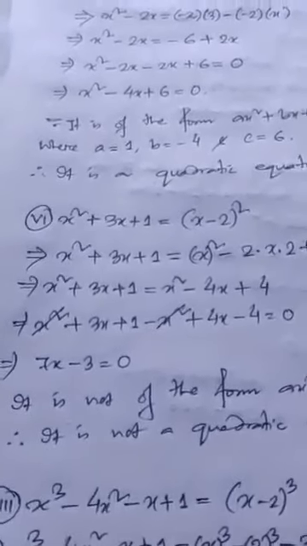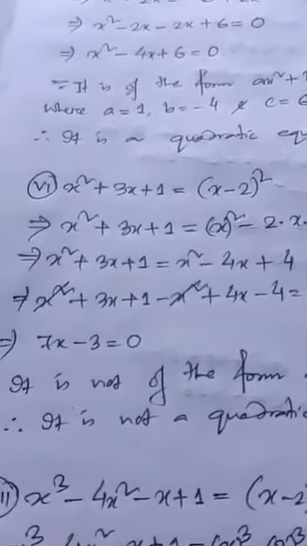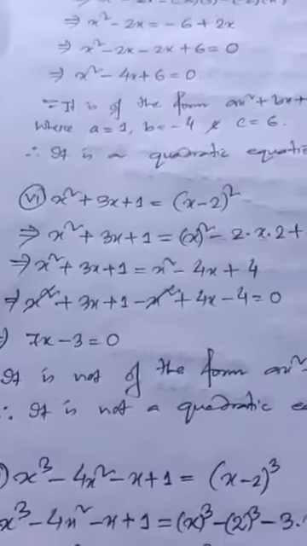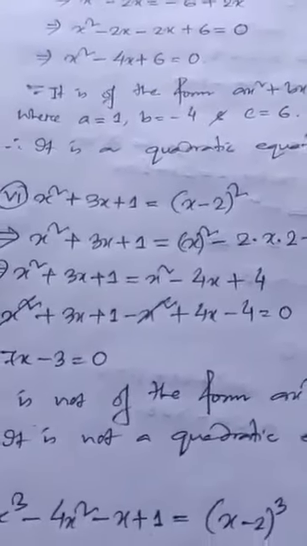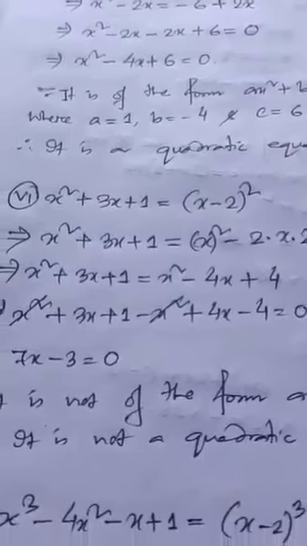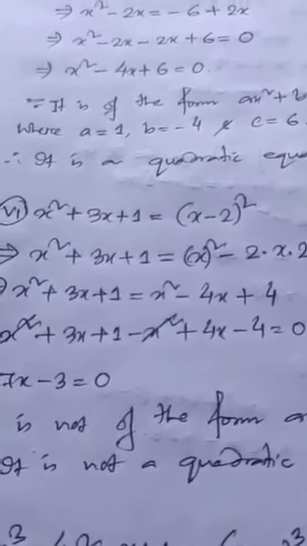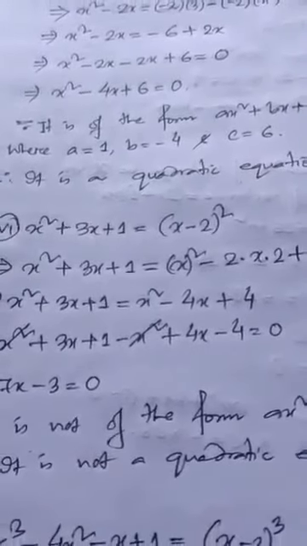Now after 2, I have done question number 6, Roman number 6. Here our equation is given like this: x square plus 3x plus 1 equal to x minus 2 whole square.